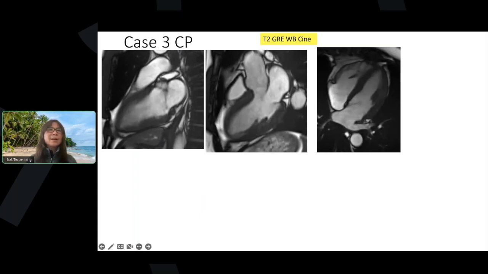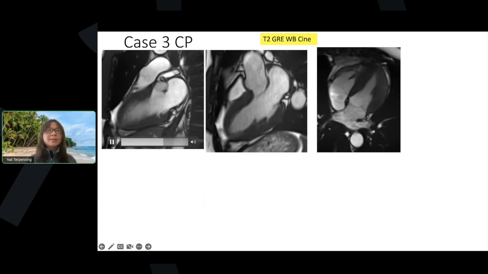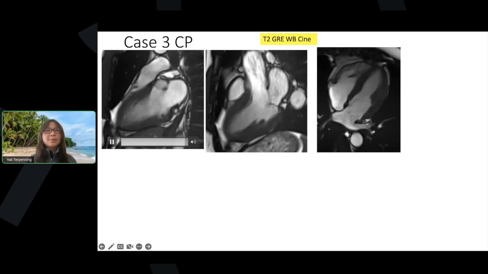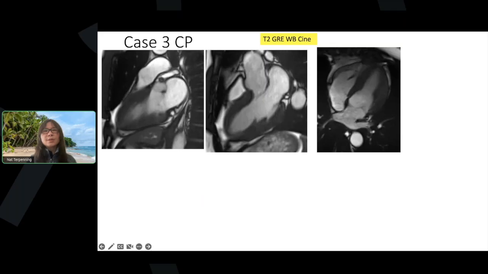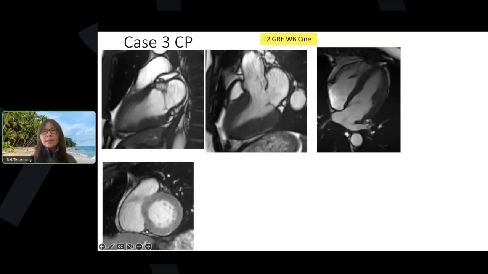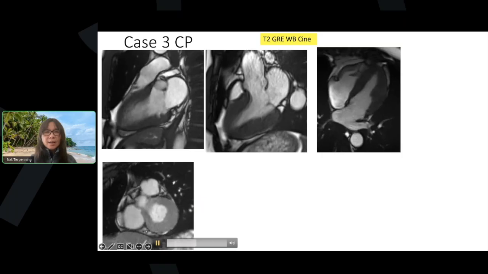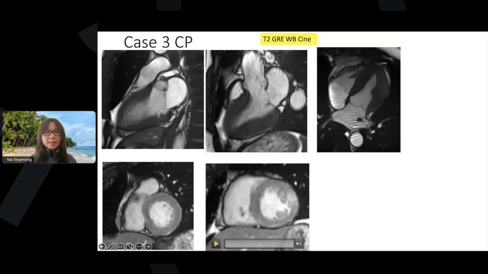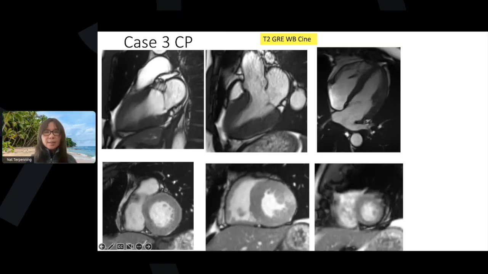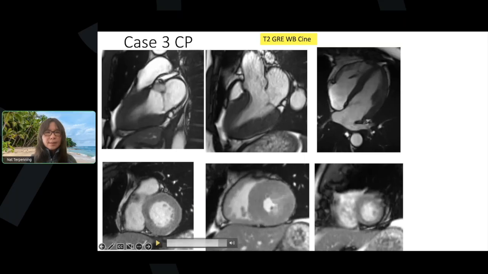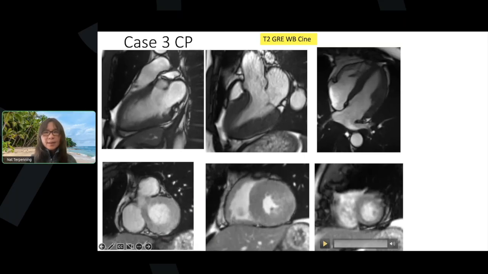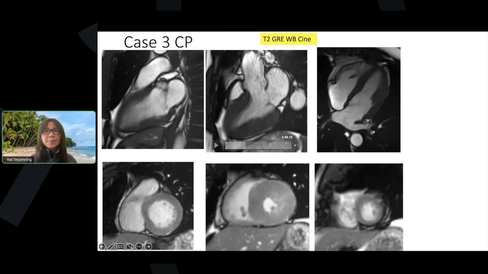This is not a good view because we see too much pulmonary artery, but it's okay. We see also the aortic sinus here. And this is the short axis at the basal segment, at the mid cavity, and at the apical segment.